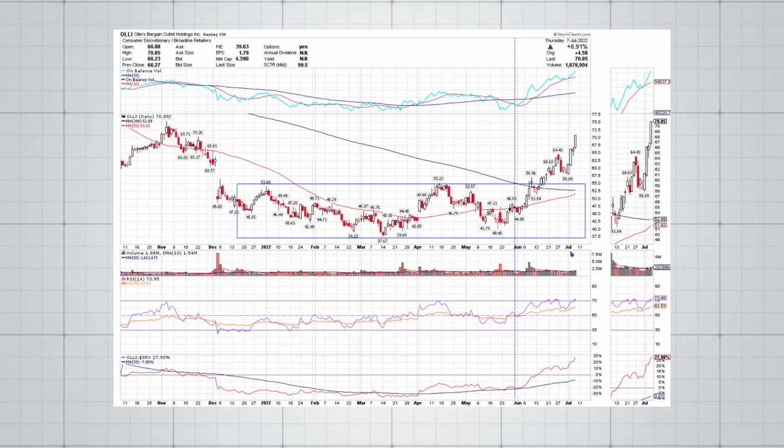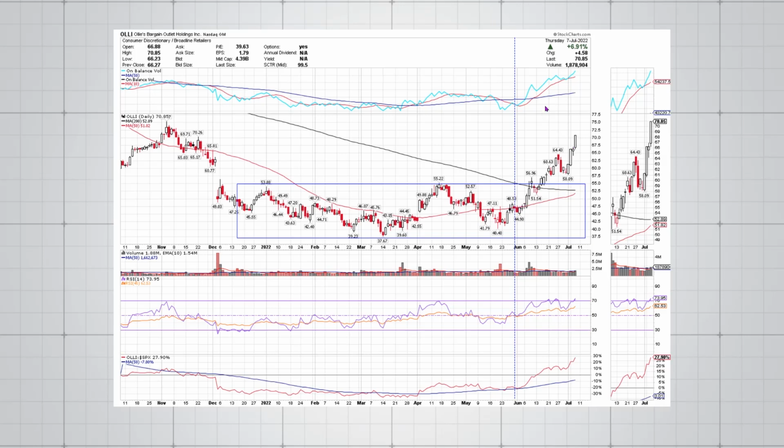Do we have other confirmatory aspects of the chart? Yes, indeed we do. Take a look at what we have here. So the RSI crossed back here in late May, early June. Look at what our relative strength, OLLI relative to the SPX did. Adopted positive slope above its moving average and really took off after that, corresponding with this price movement.